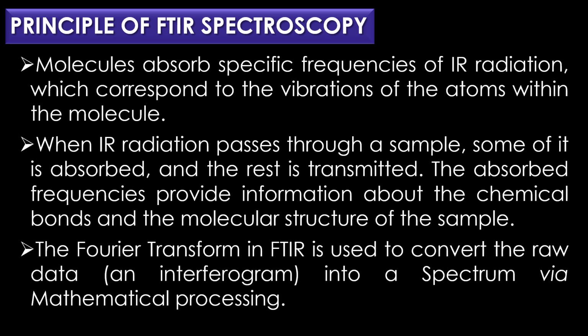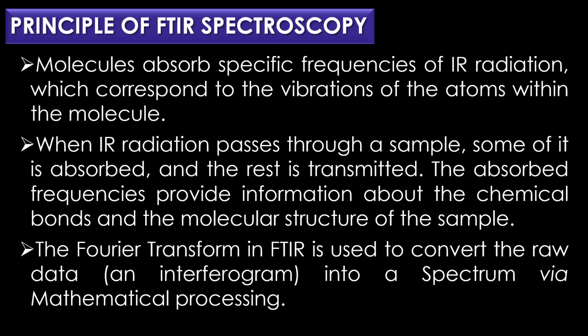Principle of FTIR spectroscopy. FTIR spectroscopy is based on the interaction of infrared radiation with matter. The principle relies on the fact that molecules absorb specific frequencies of IR radiation which correspond to the vibrations of the atoms within the molecules. When IR radiation passes through a sample, some of it is absorbed and the rest is transmitted.